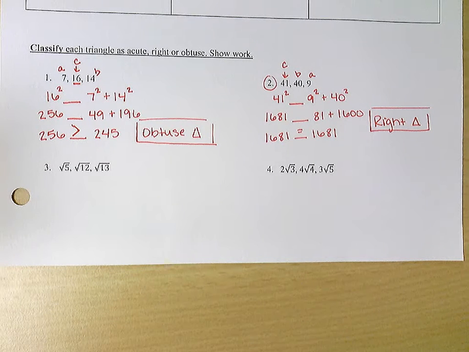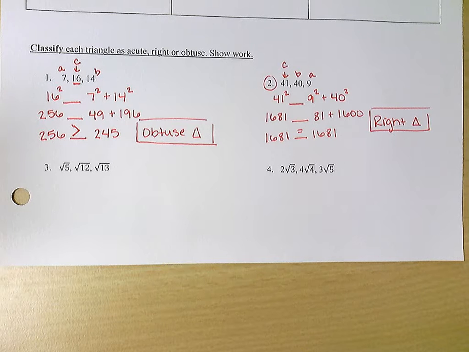To find your longest side, my suggestion to you is to actually plug each of those into your calculator. Okay, so we're going to plug in the square root of 5 first. So plug in the square root of 5 into your calculator, get that decimal, do not write it down. Why not? Because I want you to keep it in the square root symbol when we actually write it as an equation.